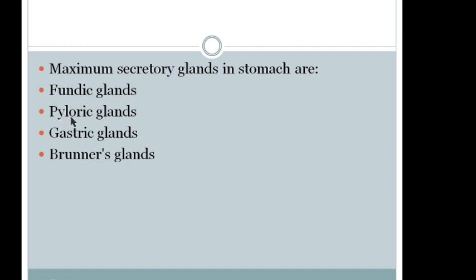What are the three types of gland in the stomach? Fundic, pyloric, and what is the third one? Cardiac. Fundic, pyloric, cardiac are types of gastric glands. So the maximum secretory gland in stomach is the fundic gland. It is not gastric. Answer will be fundic only. You have to answer which is most correct.